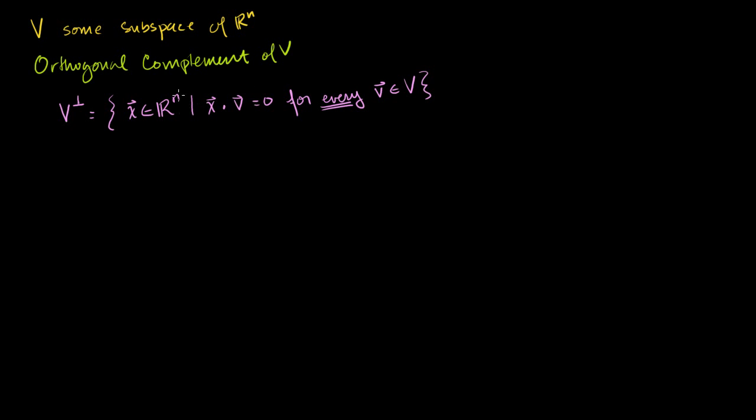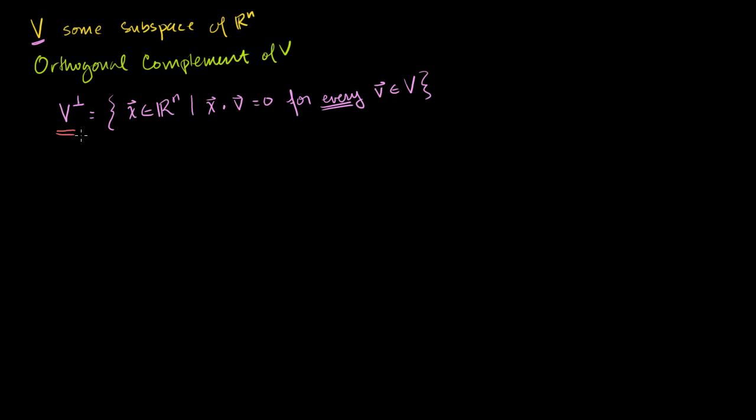So we're essentially saying, look, you have some subspace. It's got a bunch of vectors in it. Now, if I can find some other set of vectors where every member of that set is orthogonal to every member of the subspace in question, then the set of those vectors is called the orthogonal complement of V, and you write it this way, V perp, right there.